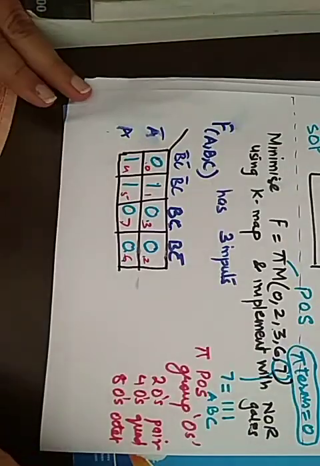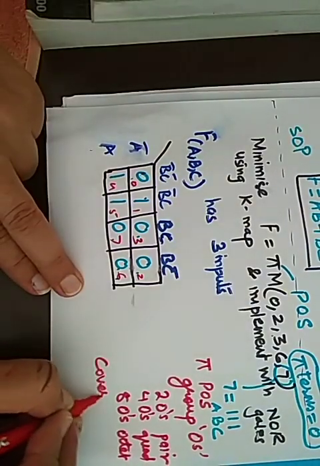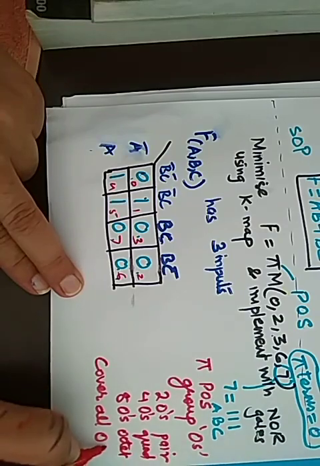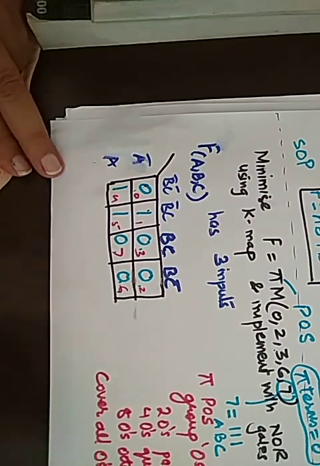And there should be no 0 left. You have to cover all zeros. Overlapping you can do as many times.